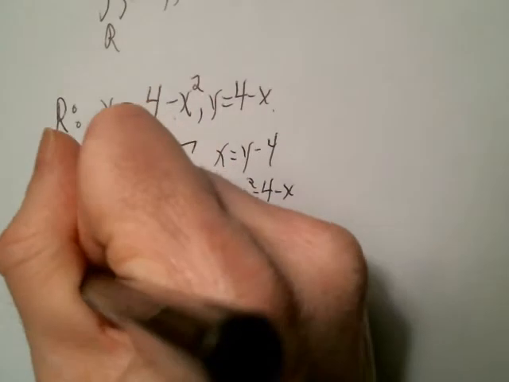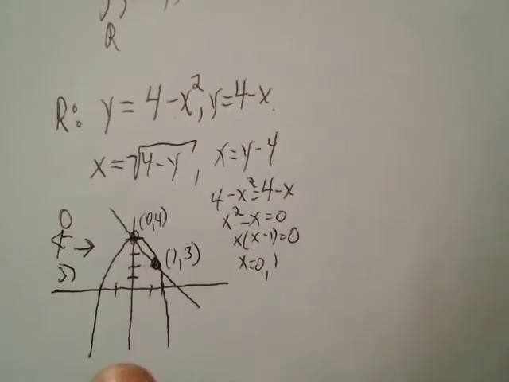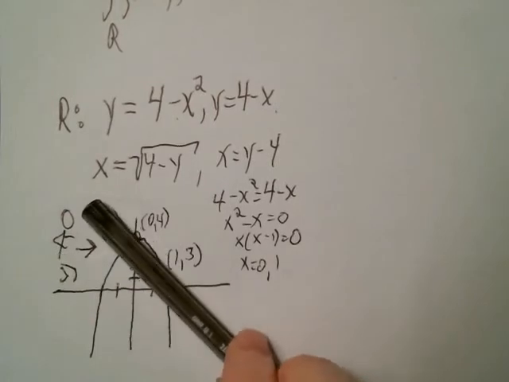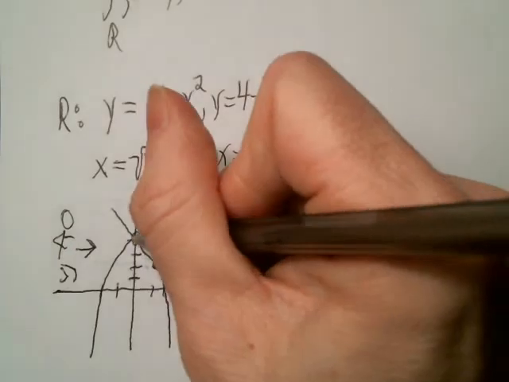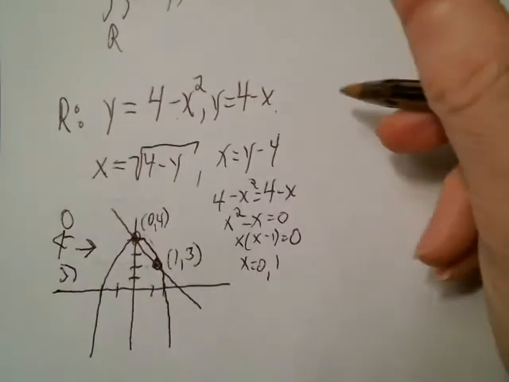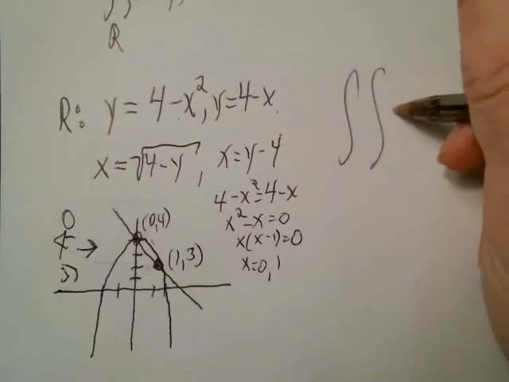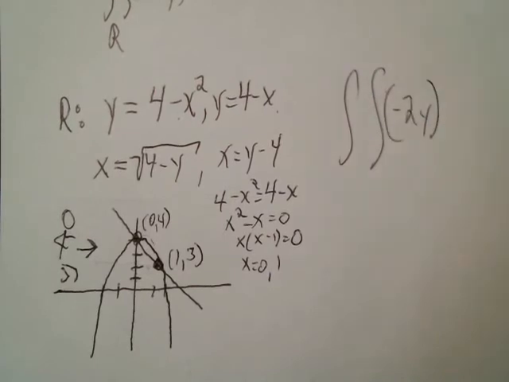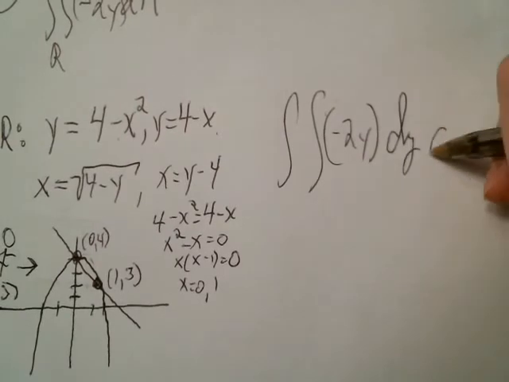Okay, so for the traditional orientation, I'm going from y equals 4 minus x to this curve. Let me write it up. Negative 2y, and then I got dy dx.